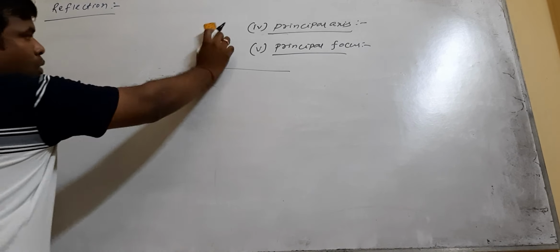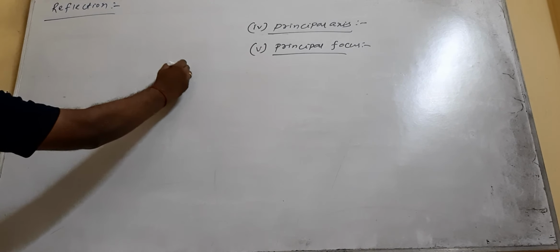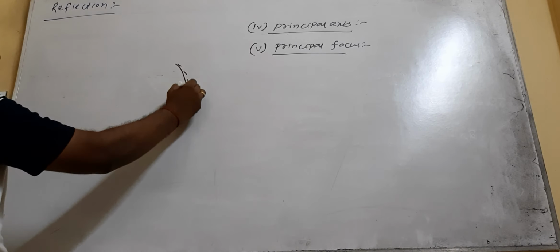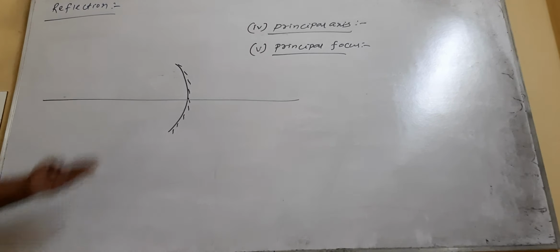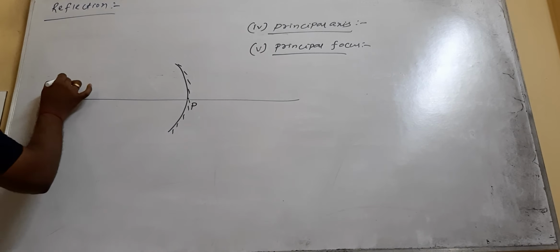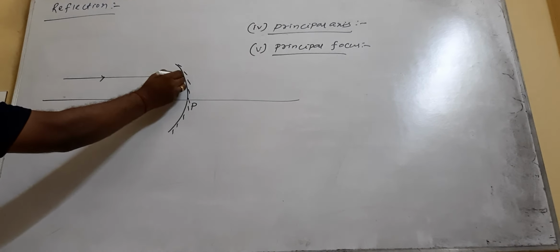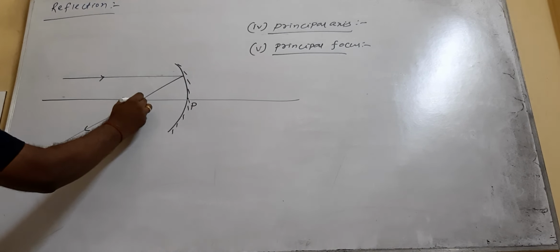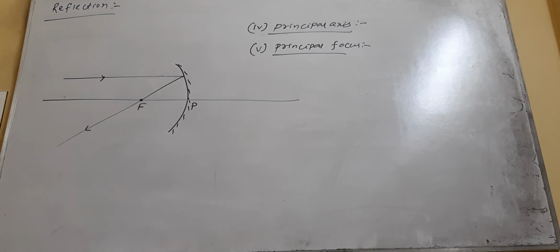For this, we have to draw a ray diagram. Suppose it is a spherical mirror. Here you see it is the concave mirror. It is the pole. You see, it is a ray, an incident ray, parallel to the principal axis. After reflection, it meets at a point on the principal axis that is called the principal focus.